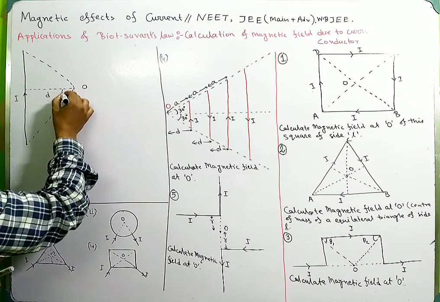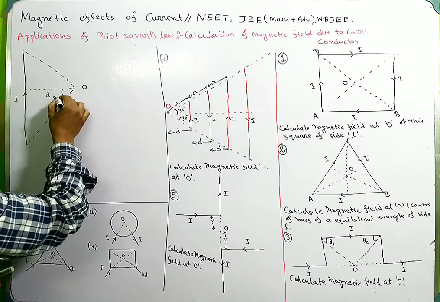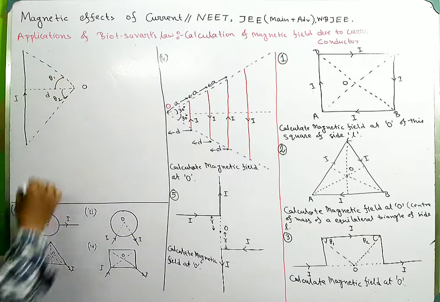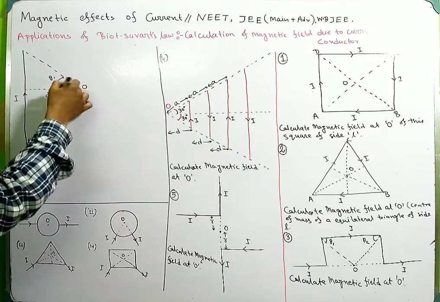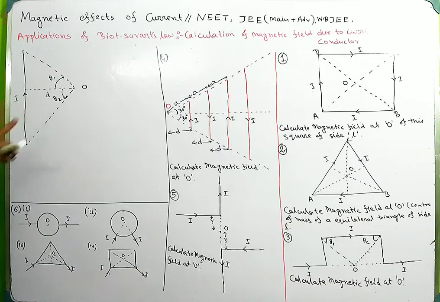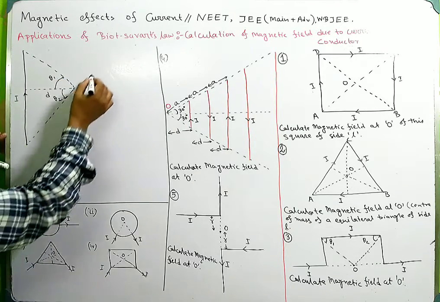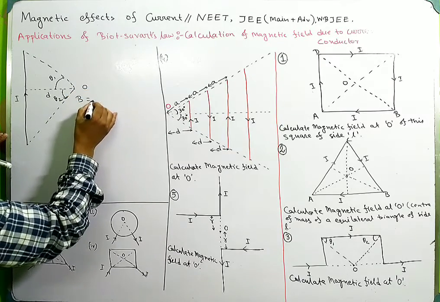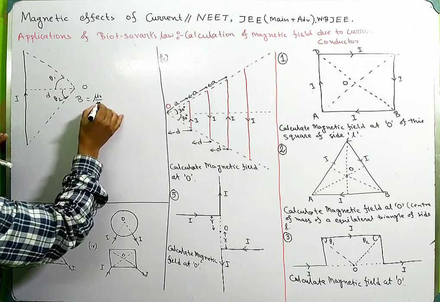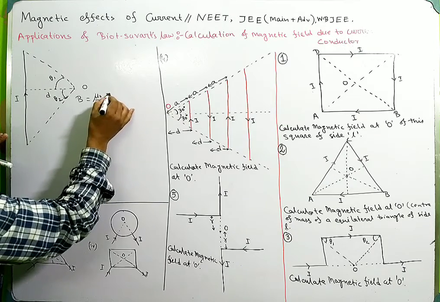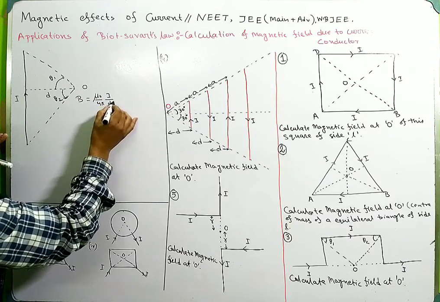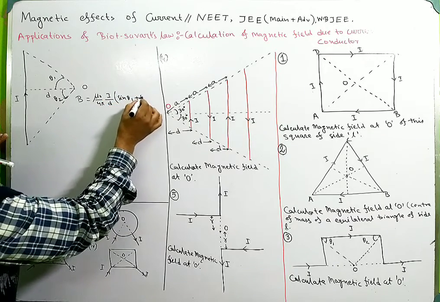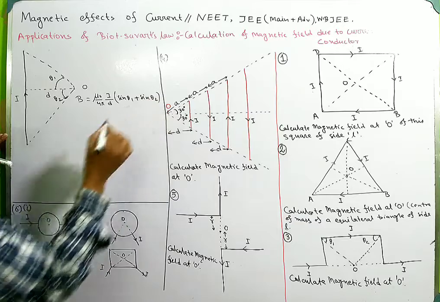Suppose I take this angle as theta 2 and this angle as theta 1 along this direction. Then the magnetic field at O is B equals mu 0 by 4 pi, I by d, into sine theta 1 plus sine theta 2.